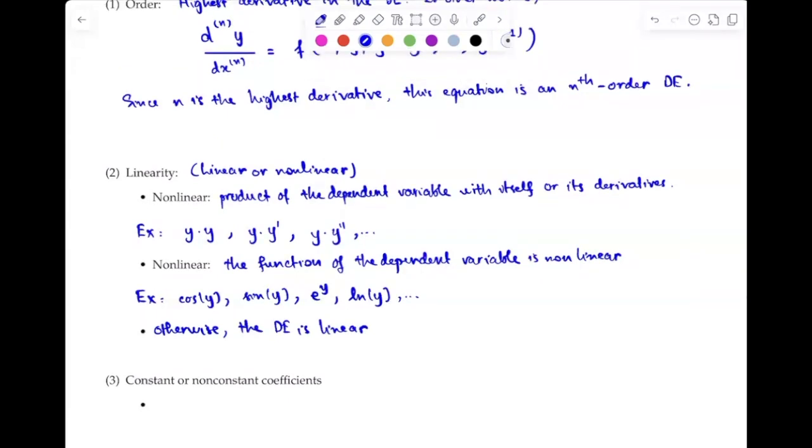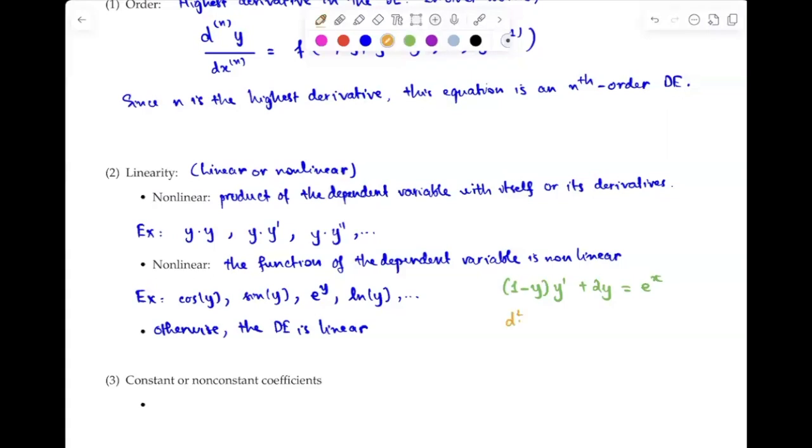Let me do a quick example. We have a bunch of examples later, but let me give you an example for this particular category to work with. Let's say you have the differential equation y, 1 minus y times y prime plus 2y equal to e to the x. It's nonlinear because of this product right here, y times y prime. I'm going to give you another nonlinear differential equation to observe here.